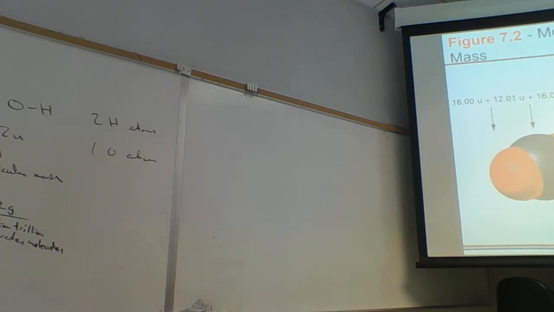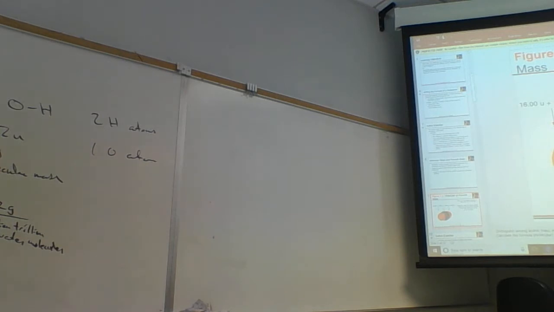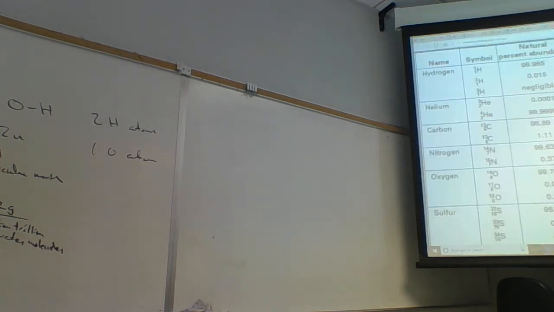Do you know? 2? Go back to the table and take a look. Yeah, just 2. Okay. We know that there are 2 isotopes for hydrogen, the third one being negligible, and 3 isotopes for oxygen.